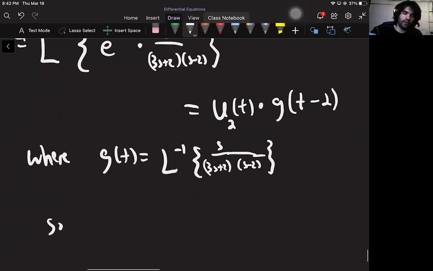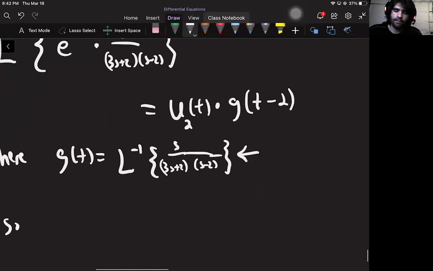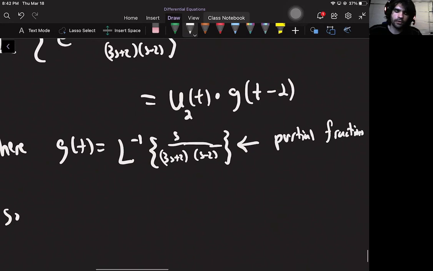So to figure out g of t, I need to be able to do the inverse of something like this. But here we need partial fractions. Anytime you see something like this, you need partial fractions.